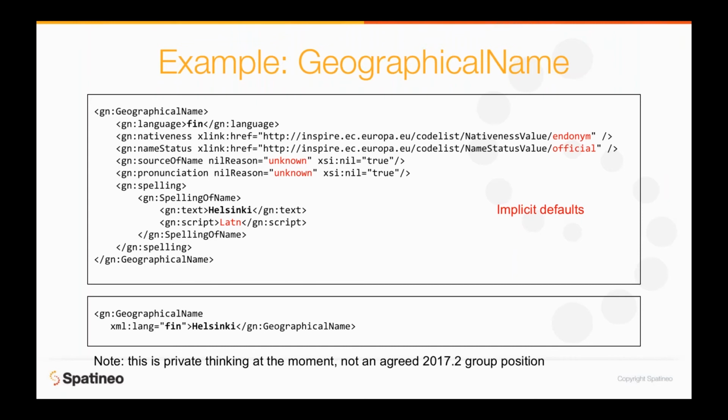But if you have a use case where many of these are not relevant, then in the data provisioning, in many examples and use cases that I've seen, data providers find it very difficult to populate these properties.